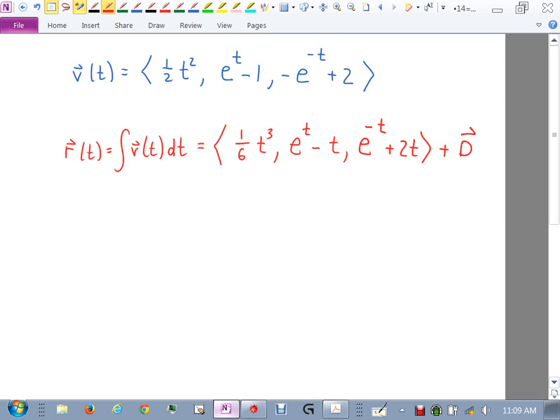All right, so let's go ahead and start plugging things in. I'm going to try and do this, like I said, a little quicker. I knew that r of 0 had to be the vector 0, 1, 1.